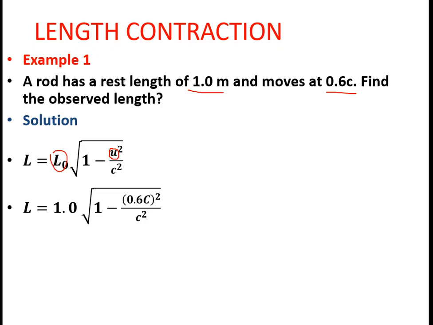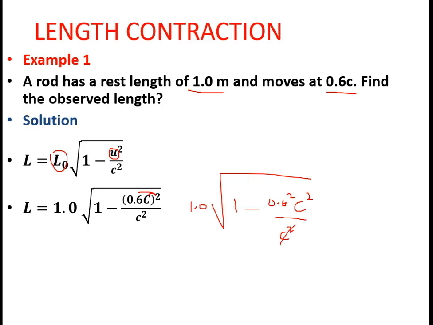L equals 1.0 root 1 minus 0.6c. Now, there is an index here, so this will be multiplied with this and also with this. If you do that, you will have 1.0 root 1 minus 0.6 square c square all over c square.